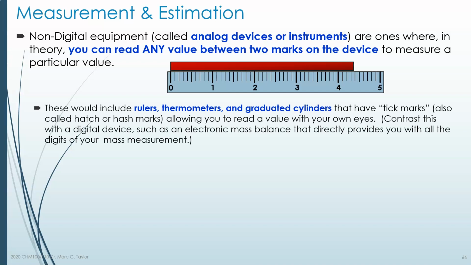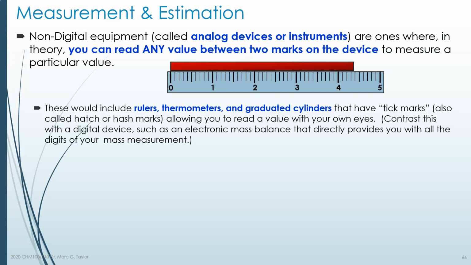So these would include rulers, thermometers, as long as they're not digital thermometers, and graduated cylinders. Graduated cylinders are cylinders, as the name suggests, that hold liquid in the lab and are marked with very fine, detailed tick marks on them to tell you the volume at various points along the cylinder.